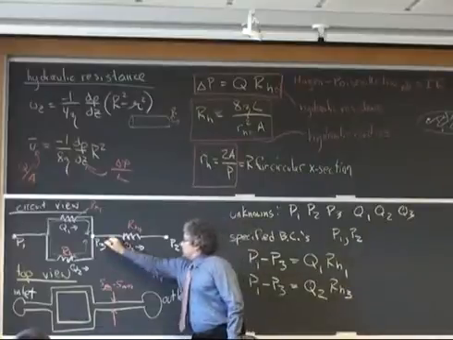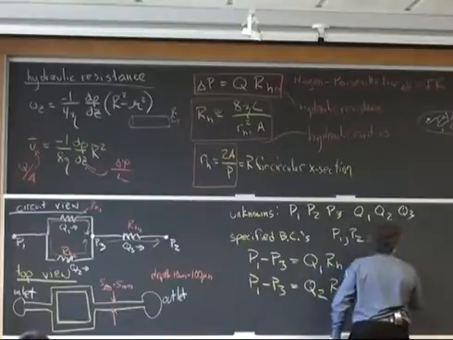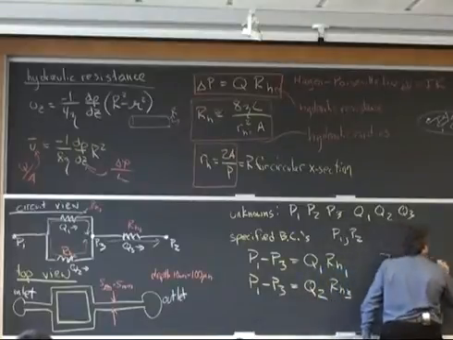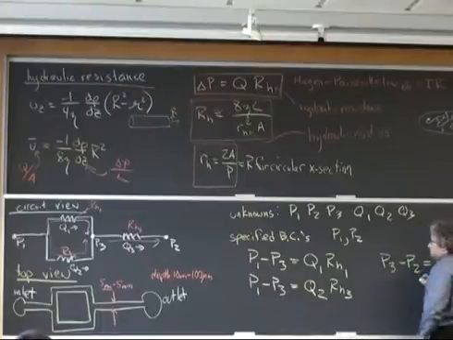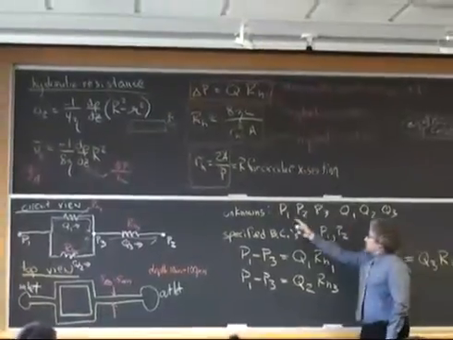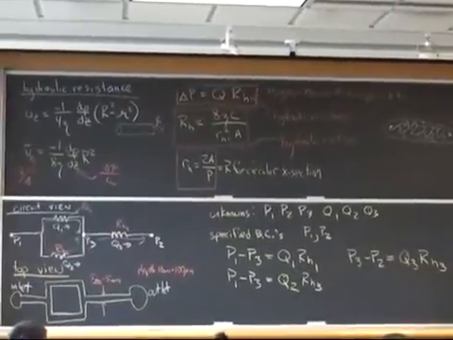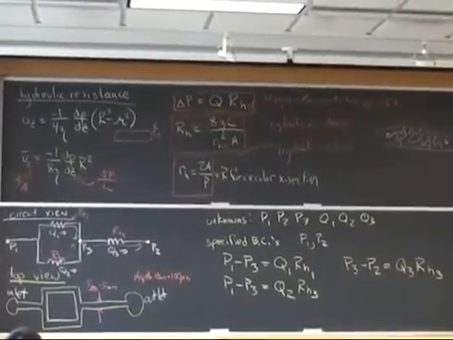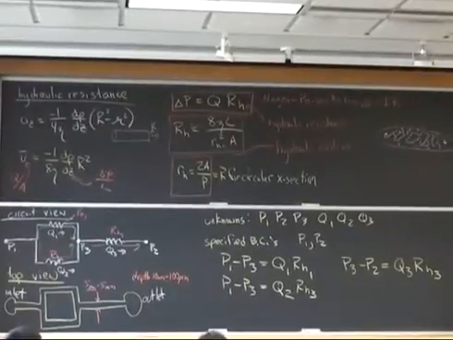Through the third channel, I can do the same. So I have 6 unknowns. I specified 2 of them. And I use the Hagen-Poiseuille law to define 3 more. How can I get 1 more equation to complete the specification of this problem?